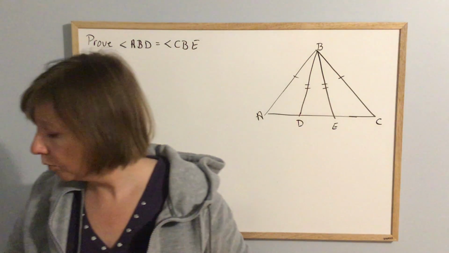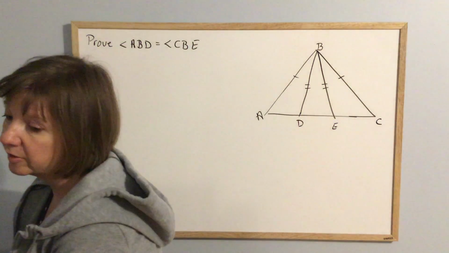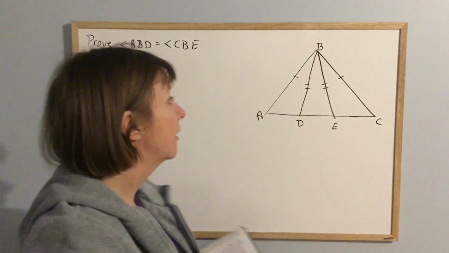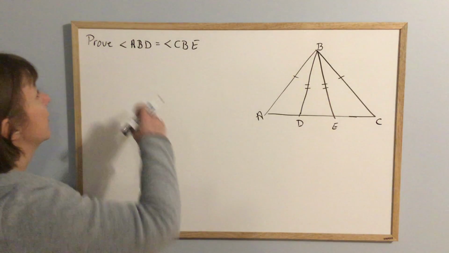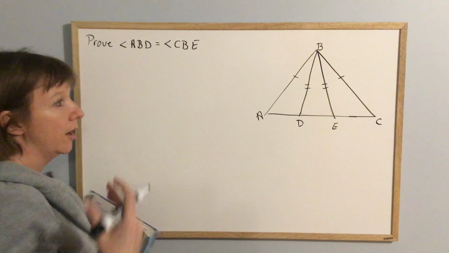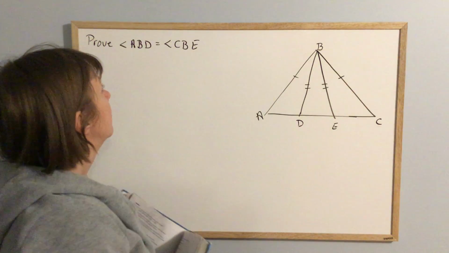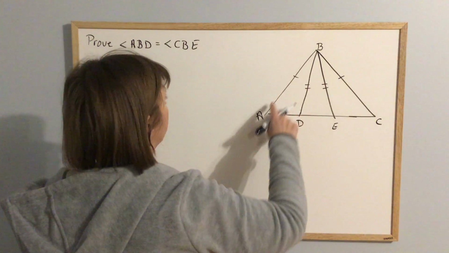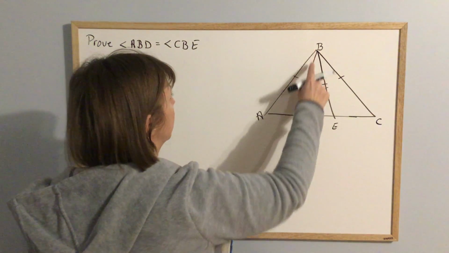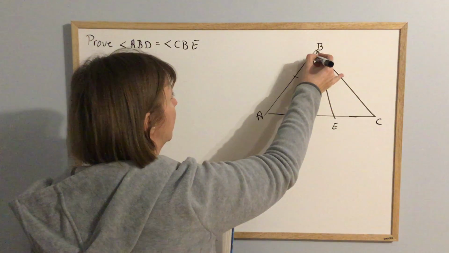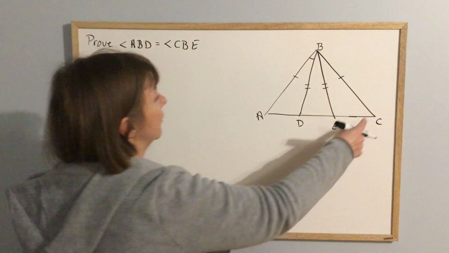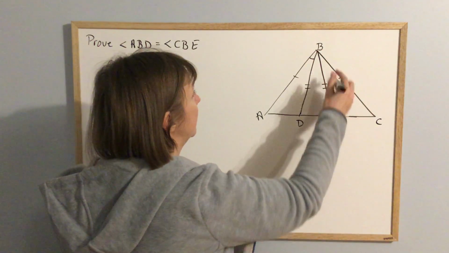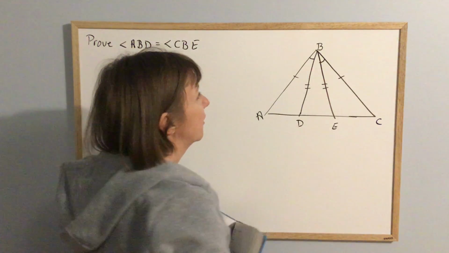So in example 1 on page 386, it gives you this triangle, and it says prove. So we have to prove that angle ABD, so that would be this angle right here, is equal to angle CBE, so that would be this angle right here.